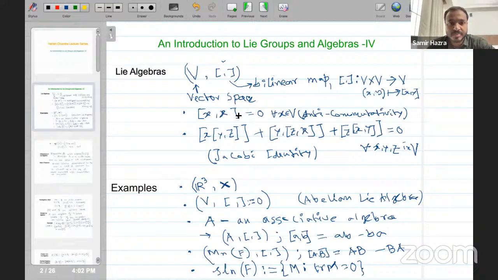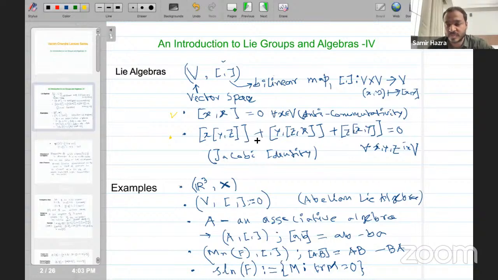If this bilinear map satisfies these two conditions, then we call V a Lie algebra with respect to that bracket. These two conditions are [x, x] equal to 0 for any x in V, which is called anti-commutativity, and this very special one, called the Jacobi identity. So basically, take the cyclic permutations, and if you sum them up, you will get 0.